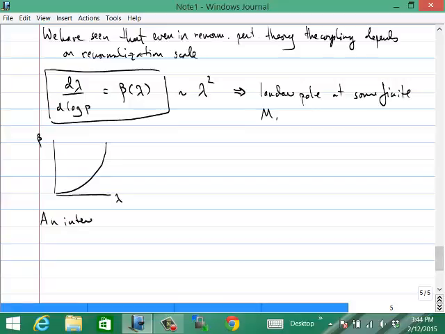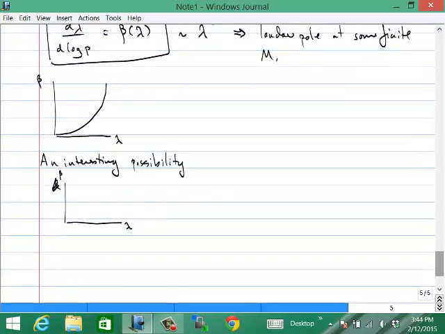An interesting possibility would be one where the beta function behaved exactly as it did in lambda phi to the fourth theory, except that instead of its first derivative at lambda equals 0 being equal to 0, its first derivative were negative.